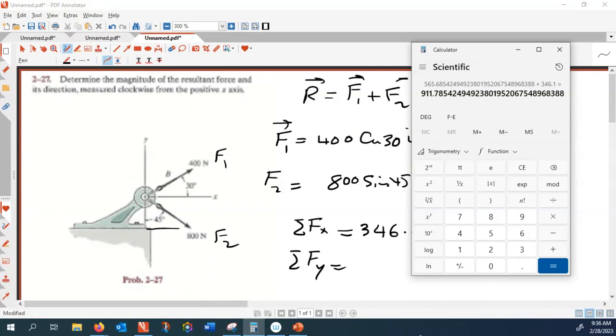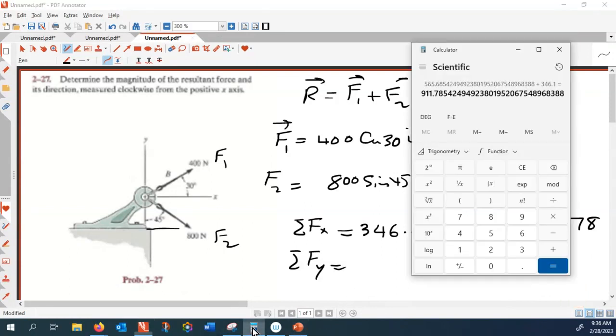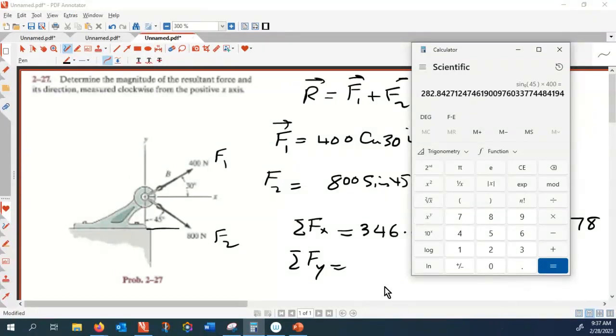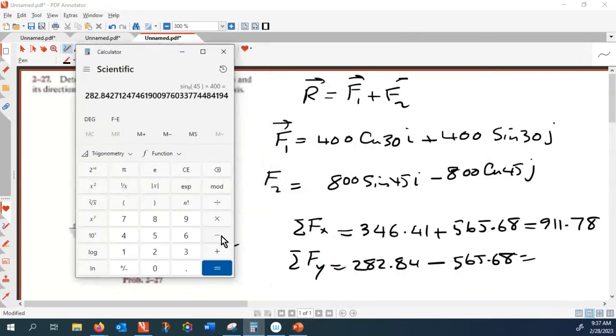So that is 911.78. And the y components are 282.84, that is minus 282.84.